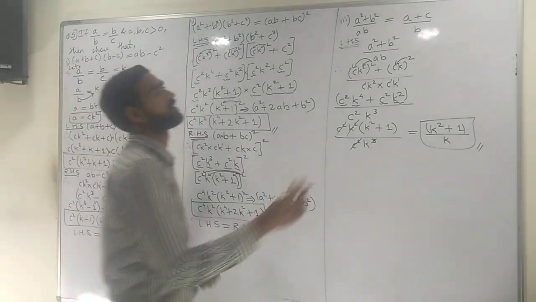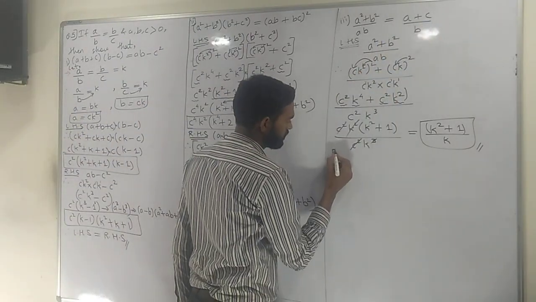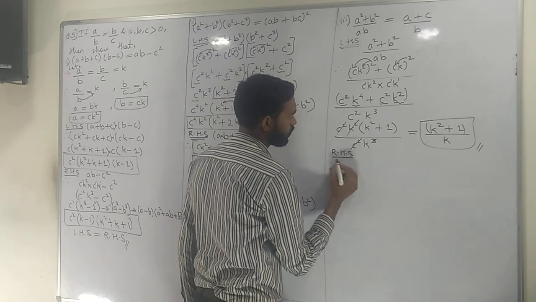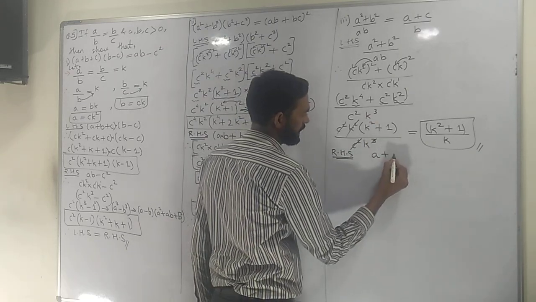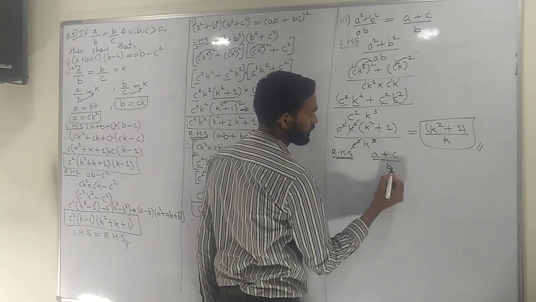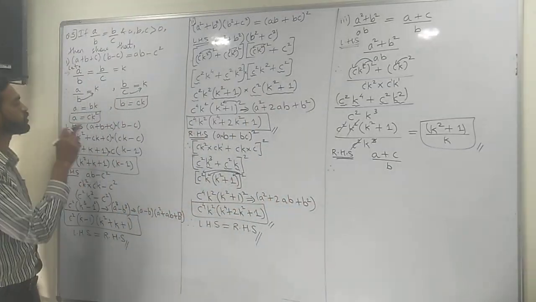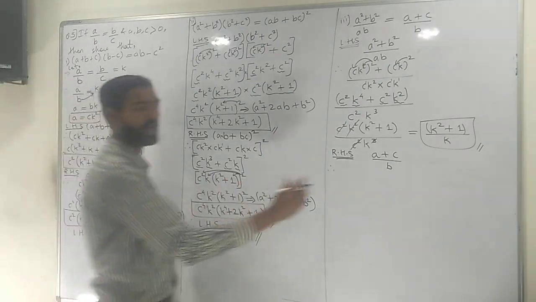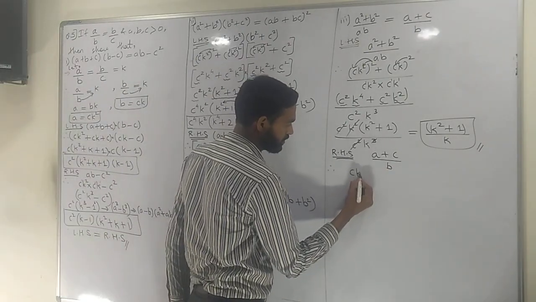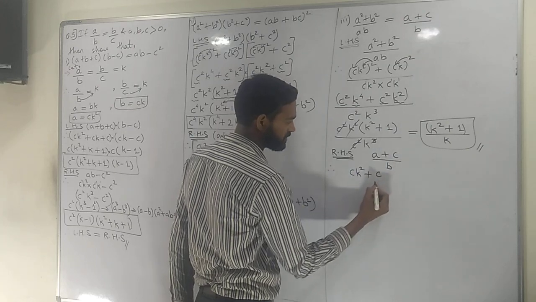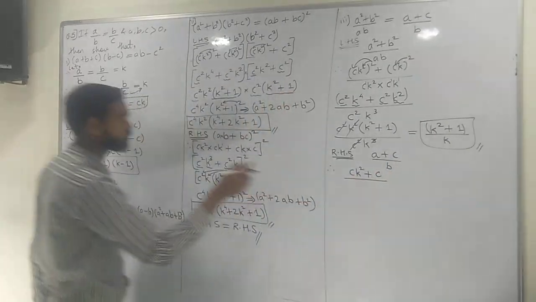Now we'll see the right hand side. Look, what is my right hand side? A plus c upon b. Therefore, do we know a? Yes. Back to the first solution. A is ck square. So we will write here ck square plus c as it is. What is the value of b? Come back to the first solution.